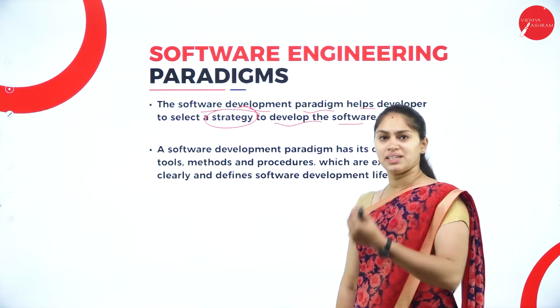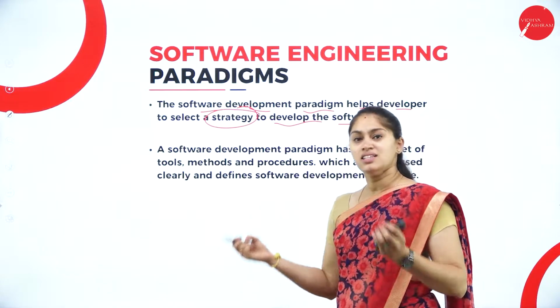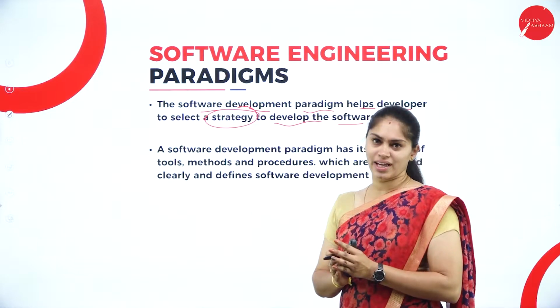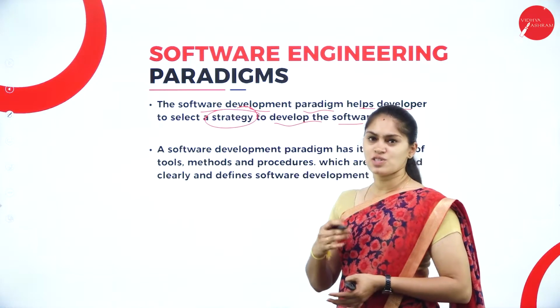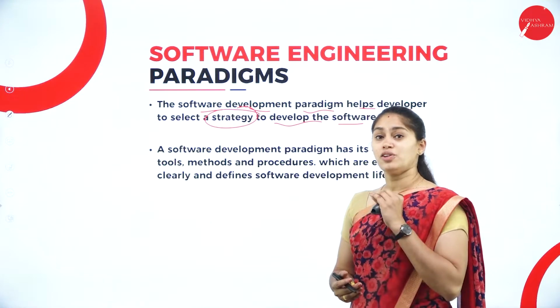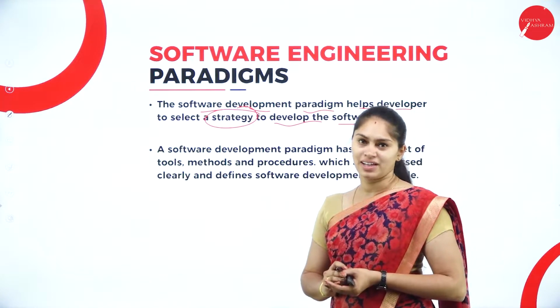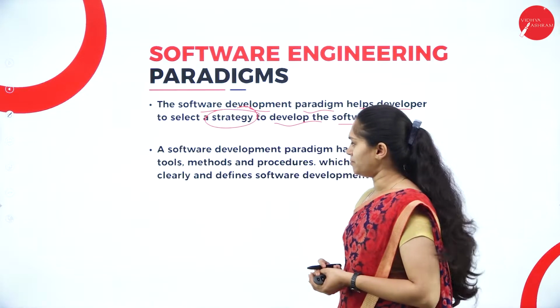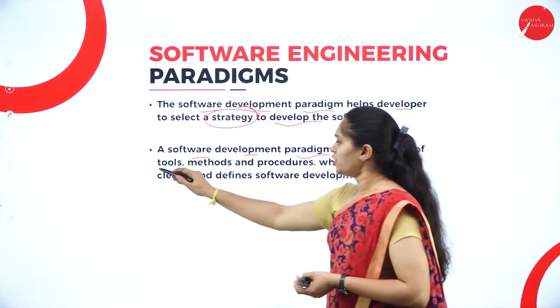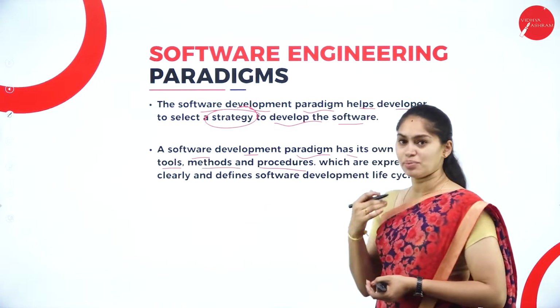It gives methodologies. It includes a set of tools, techniques and methodologies all together. That is what we call software paradigms, and it helps the developer to find the best strategic way of finding a solution for a given problem. The software development paradigm has its own set of tools, methods as well as procedures.